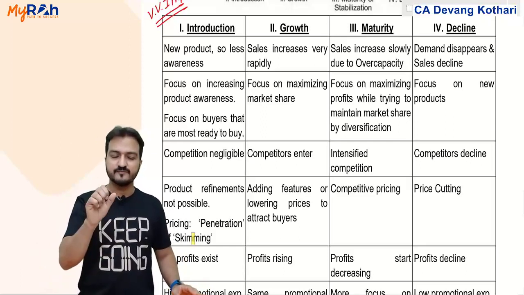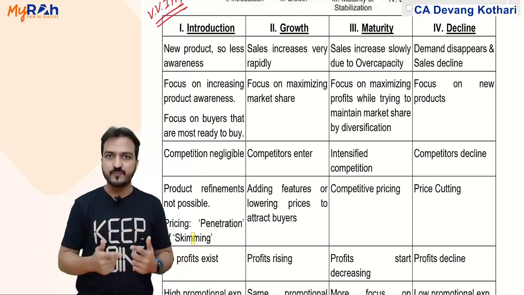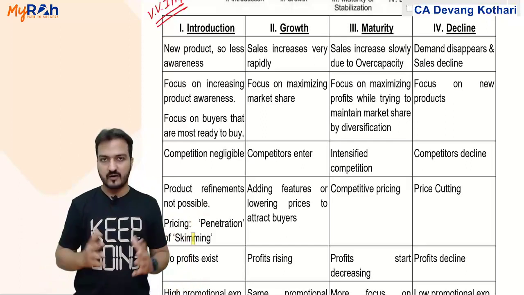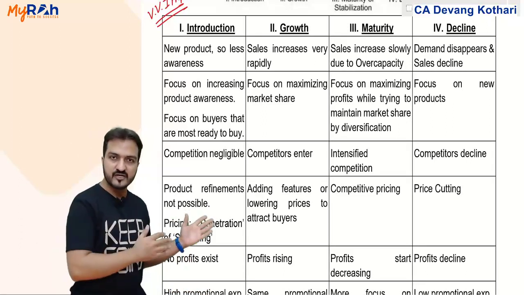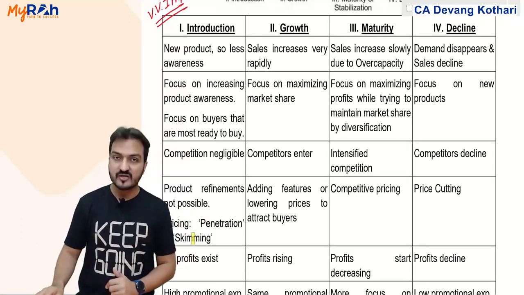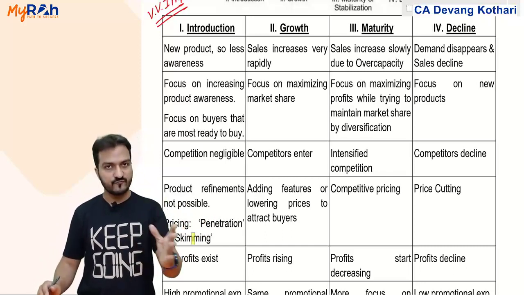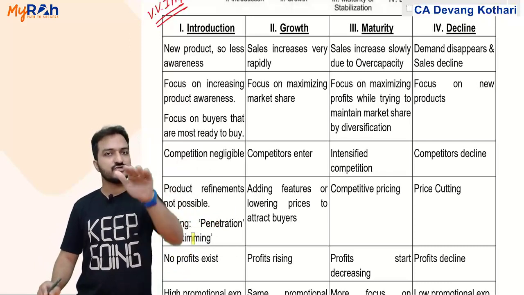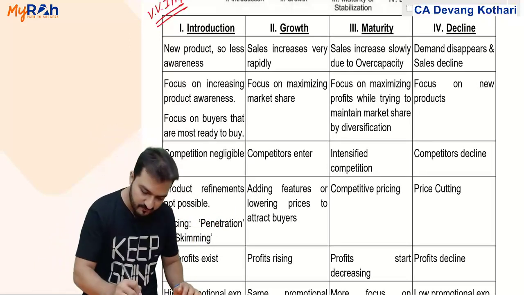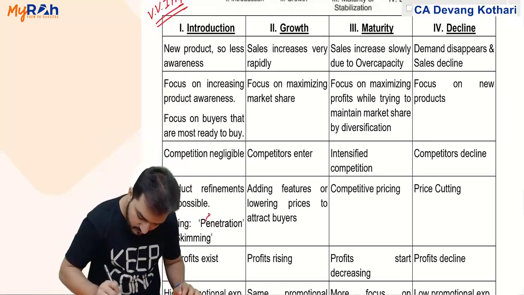I launch the product at a very less price so that I can capture more market. That is penetration pricing. For example, Jio Telecom, they launched the telecom services free of cost. Then later they start charging money. So penetration pricing. Example, Jio.